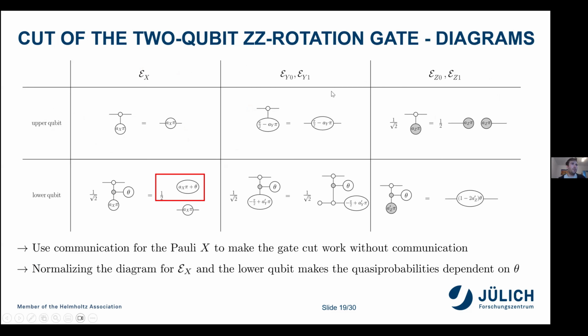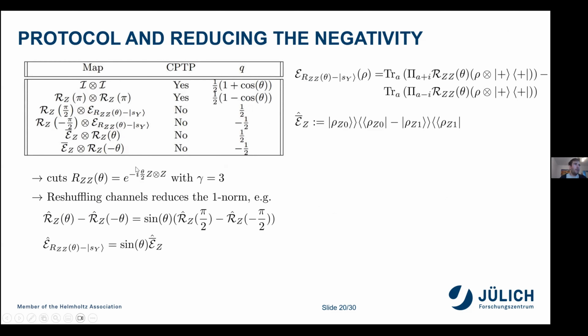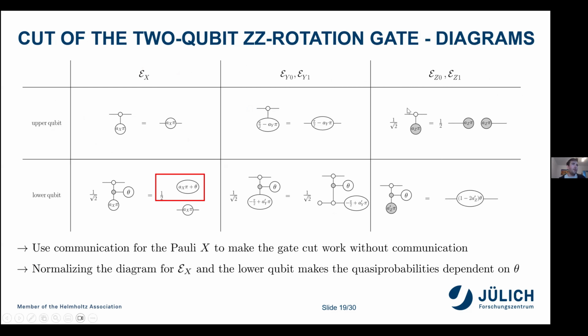Then the next two lines correspond to the Pauli Y, where you have to apply a rotation, and you need to take an ancilla qubit, apply the RCZ, and then measure it in the Y basis. And then the last two lines correspond to the Pauli Z, where we simply reinitialize what we measured, and for the lower qubit, we apply a rotation.